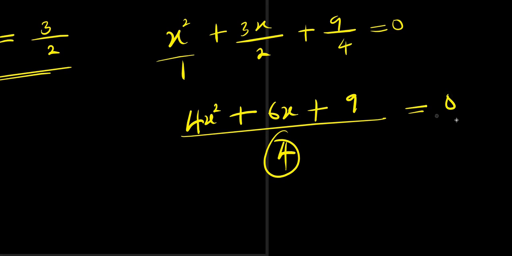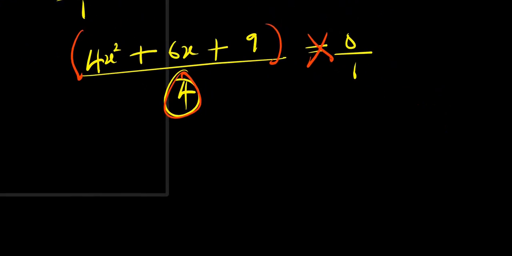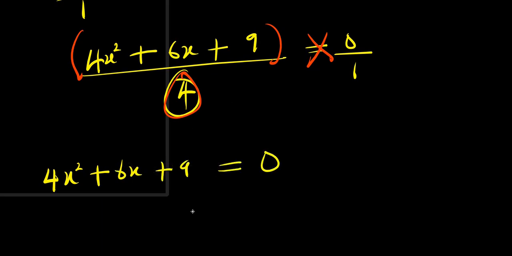This equals 0, and this is our 1. So we cross multiply. This 4 multiplies 0 and this multiplies 1. So from here, I have 4x squared plus 6x plus 9 equals 4 times 0, I have 0.